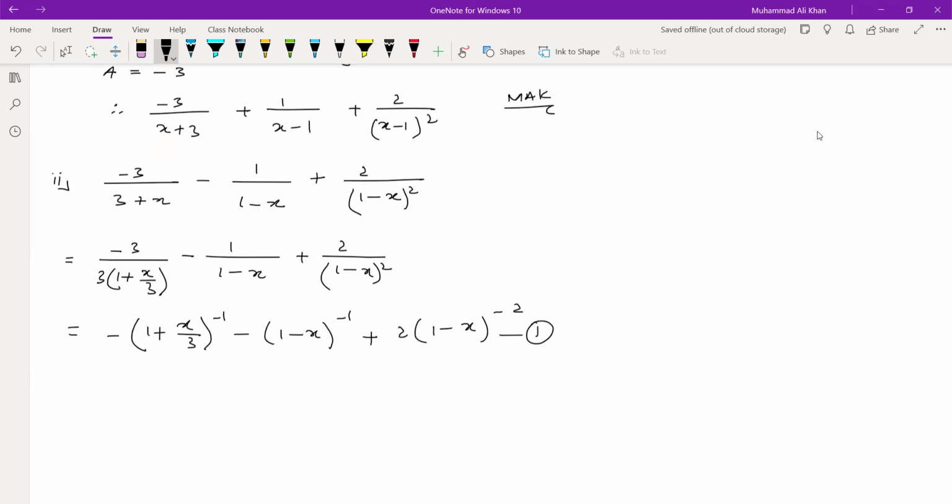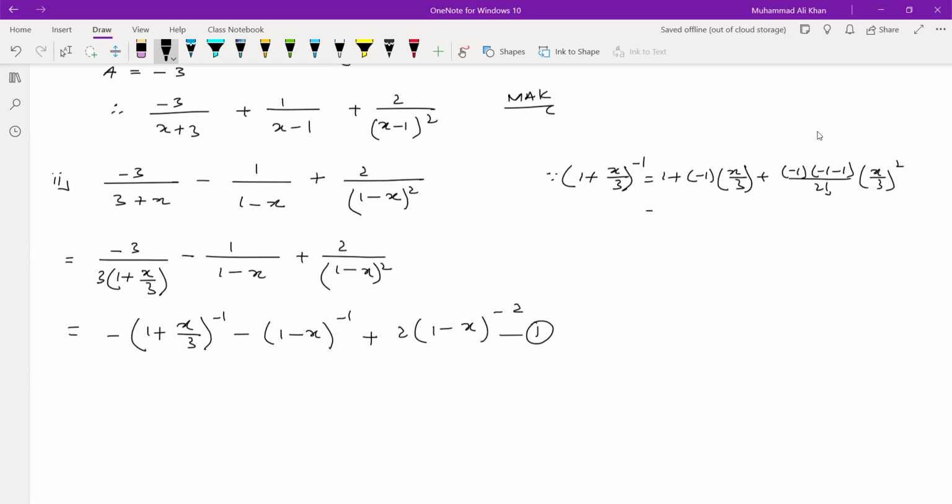Now we have to expand the 3 brackets individually up to x squared. So now I am expanding the first, which is (1 plus x over 3) whole power minus 1. It will be 1 plus nx plus n(n minus 1) upon 2 factorial x squared.